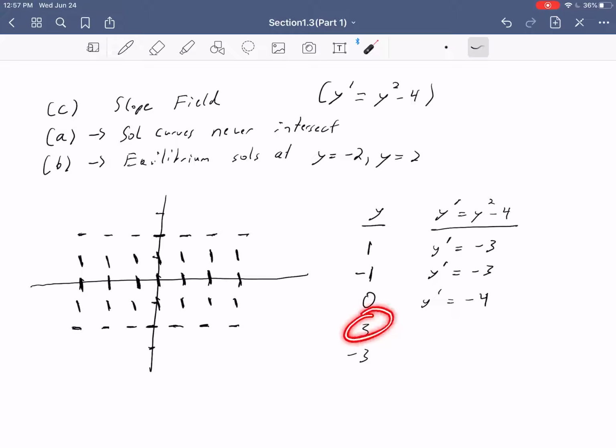What about at things like 3 and negative 3? Well, at 3, we'd have y prime equals 5. So that would be a steep positive slope. So we'd have something that maybe looks like that. And then at negative 3, we'd have y prime also equal to 5.